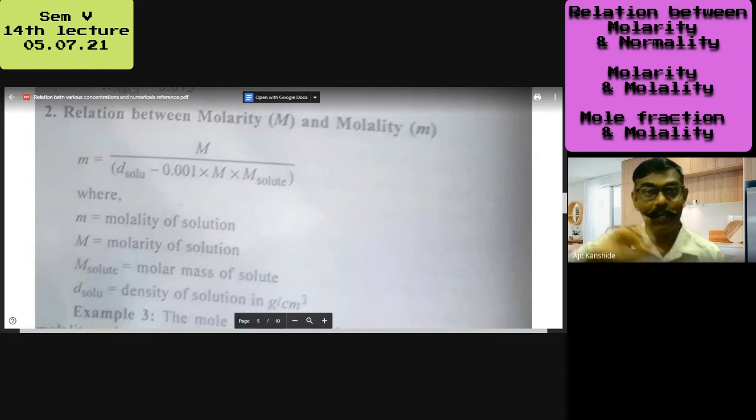Out of that, we are removing, we are subtracting the solute portion. And to remove that solute portion, we did subtraction. So what is left now? There is now the solvent portion. But that solvent portion is in terms of density.